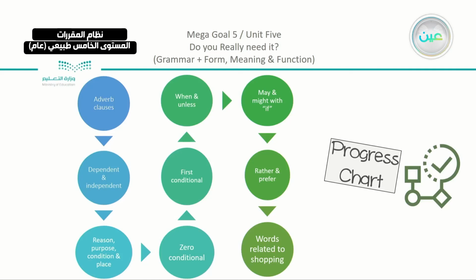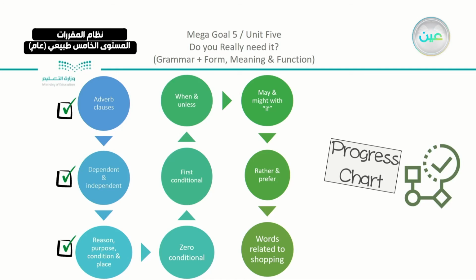So you can see that we have here the parts that we took in Unit 5. Now we discussed the adverb clauses in general. We mentioned that they have two parts, dependent and independent clauses. We showed that there is either reason, purpose, condition, or place in these sentences.